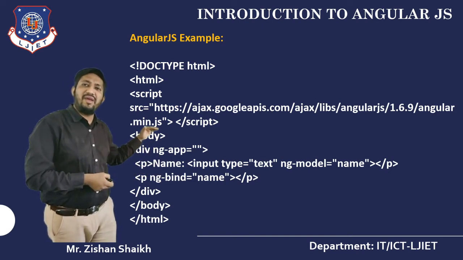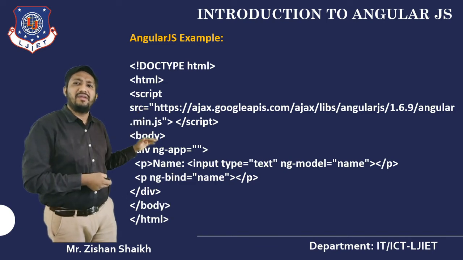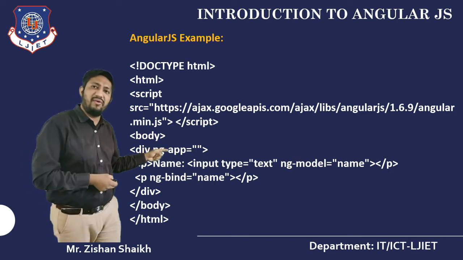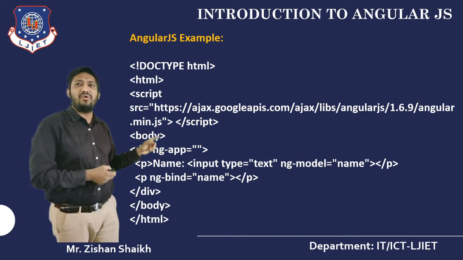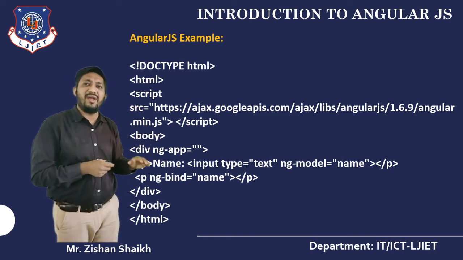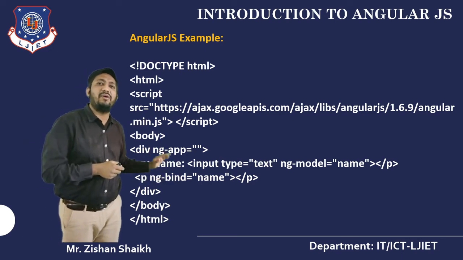If we are writing AngularJS code in our head or any other place, it cannot understand, because right now our div tag is having the ng-app. So I already explained ng-app is telling our browser that in this particular tag my AngularJS code is available.